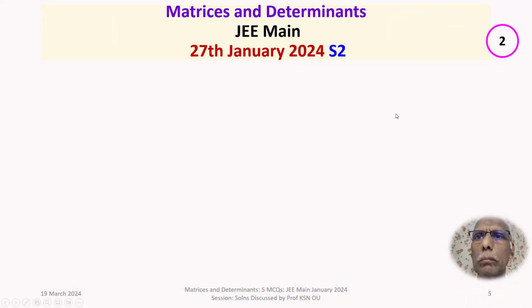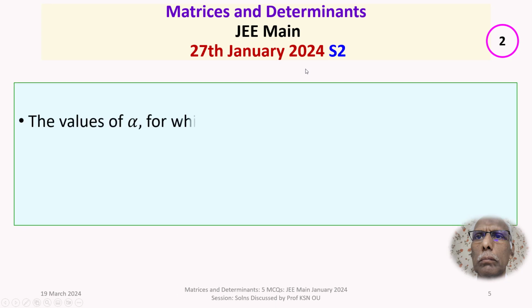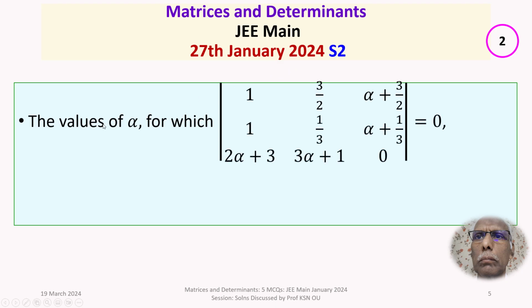Let's now take up the question that has appeared in the Joint Entrance Exam Main held on 27th January 2024 in the second shift. The question is related to determinants.